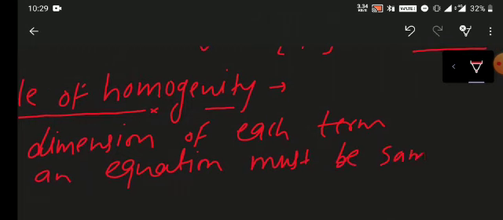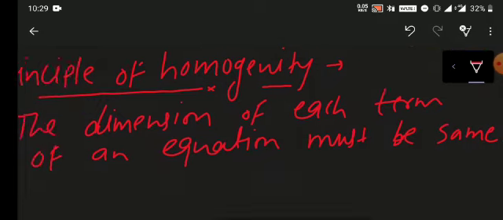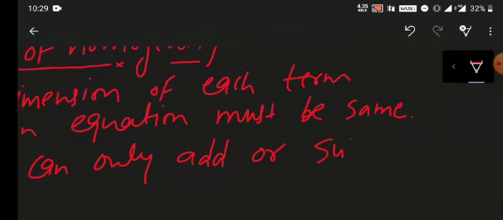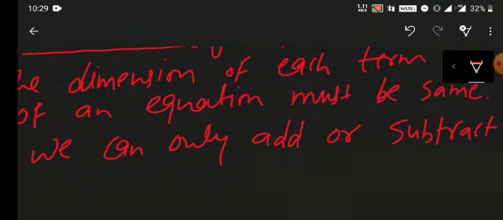This is known as homogeneity. We can also say that we can only add or subtract similar physical quantities.